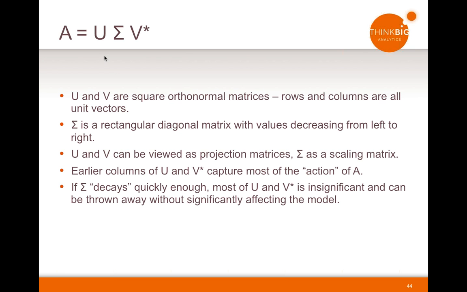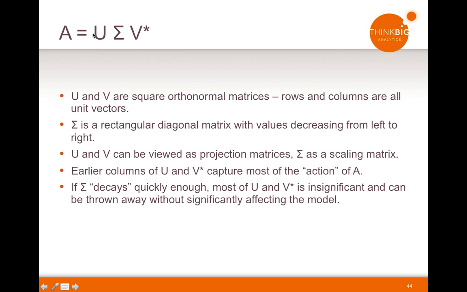Since they're all of unit length 1, if you multiply one vector by itself, you're going to get 1. If you multiply that one vector by any other vector that's perpendicular to it, you're always going to get 0, because it's going to be the length of the first one times the length of the second one times the cosine of theta. If they're perpendicular, it's always going to be 0. If they're parallel, if it's the same vector, it's always going to be 1.